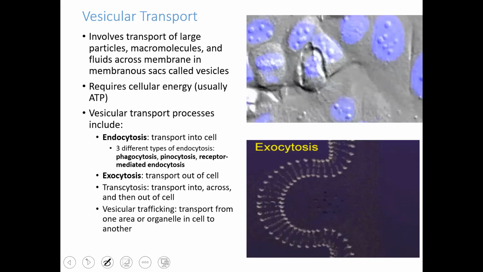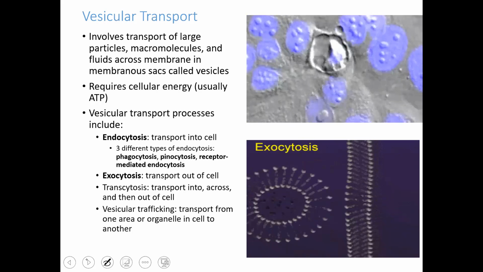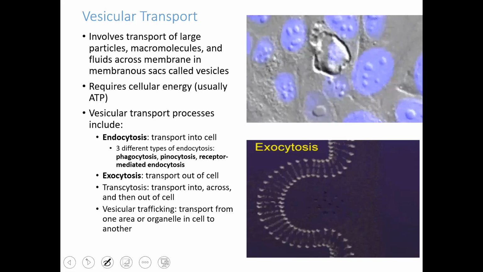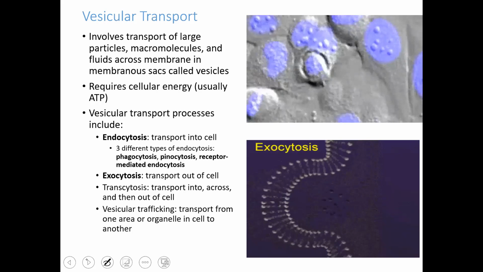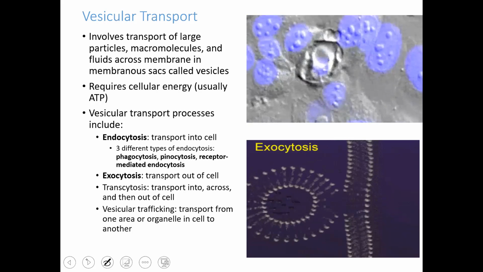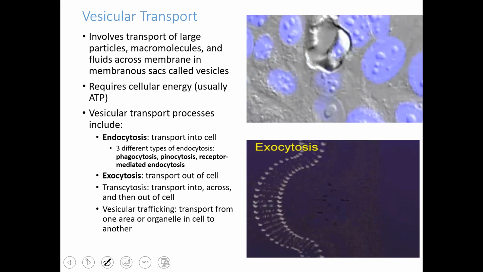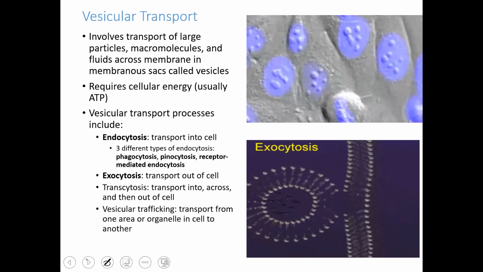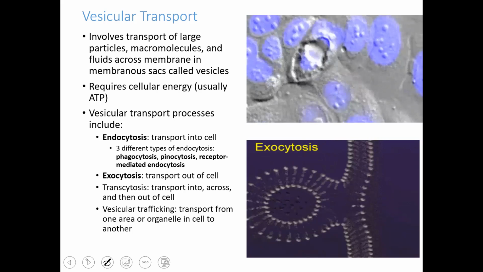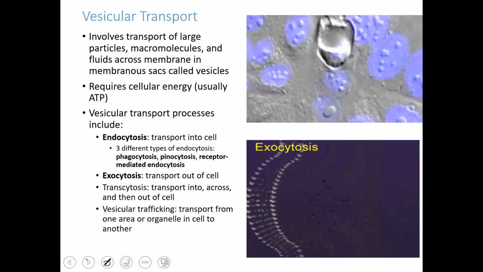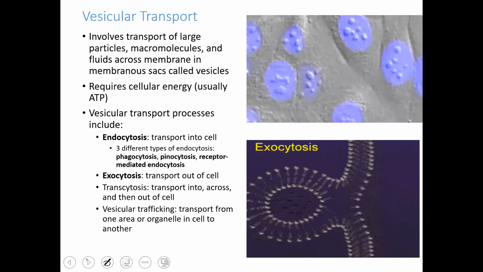A vesicle is a bubble that is made of the same structure as the cell membrane. It's a phospholipid bilayer. So it can surround the substance and pinch it off in its own little vesicle, and then it can bring it into the cell and destroy it. And it does that with liquids. It does that with specialized receptors too.